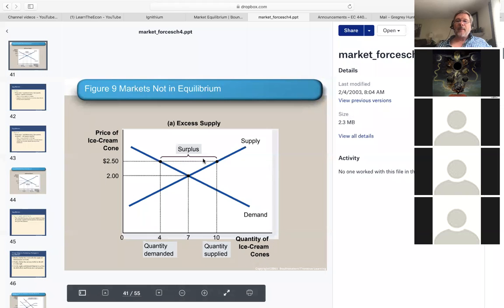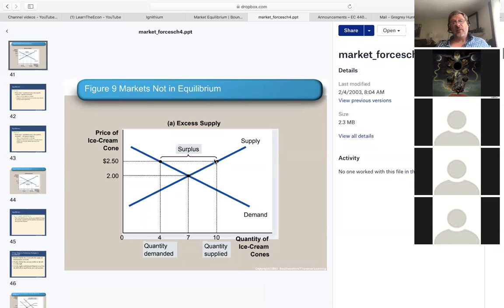But whenever you have this price that's above the equilibrium price, notice that there's this incentive for sellers to lower their price. So it causes downward pressure on the price and pushes us back toward equilibrium. Again, if there are too many sellers, they can't find someone to buy their good. Likely they're going to compete with one another by lowering their price.